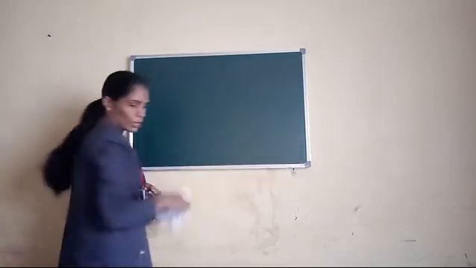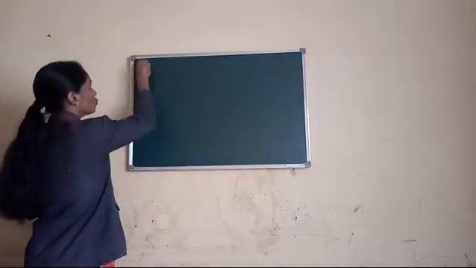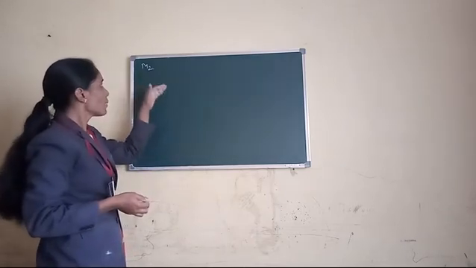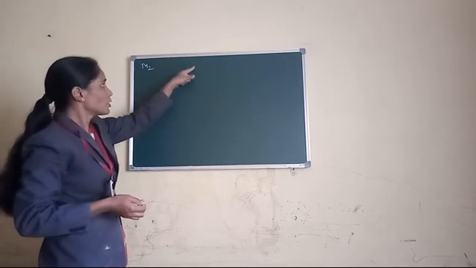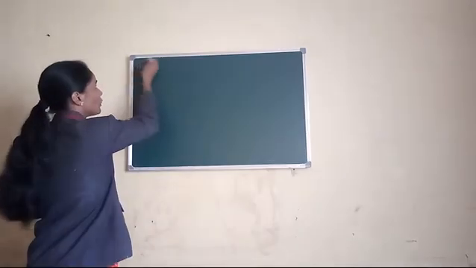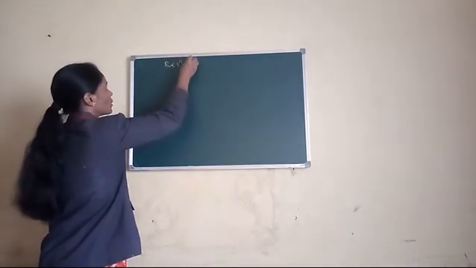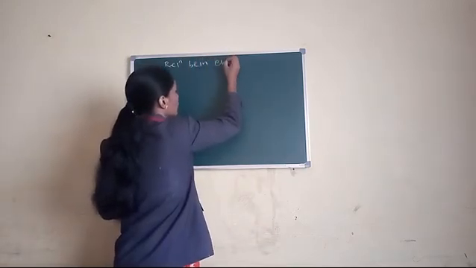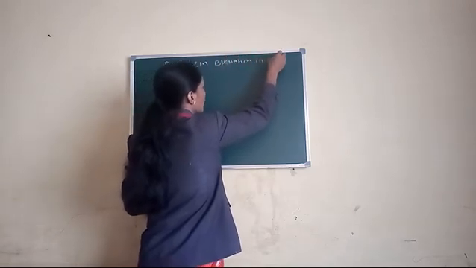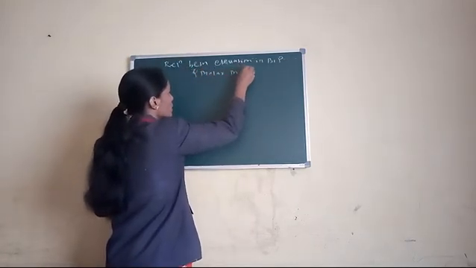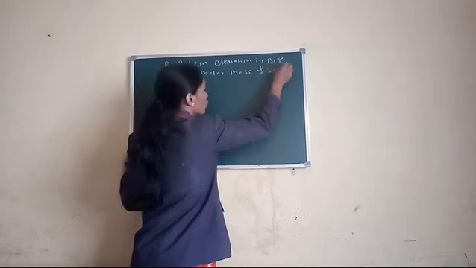Like the formula we got for M2 from lowering of vapor pressure, in the same way here we find the formula for M2, the relationship between elevation in boiling point and molar mass of solute.